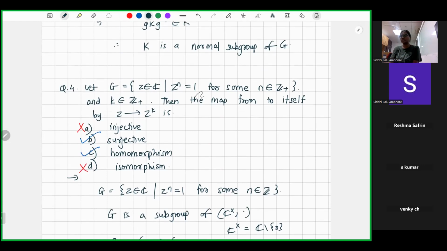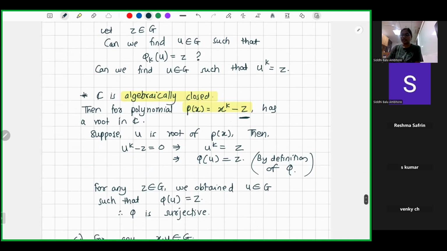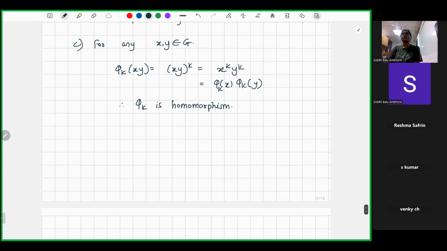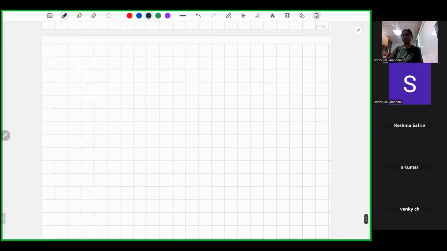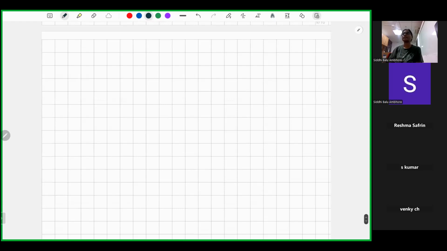G was an abelian group, and we also saw in an earlier question that maps of this kind are homomorphisms in abelian groups. So we checked it here that it is a homomorphism. Any doubts, please let me know. If not, then let us proceed.